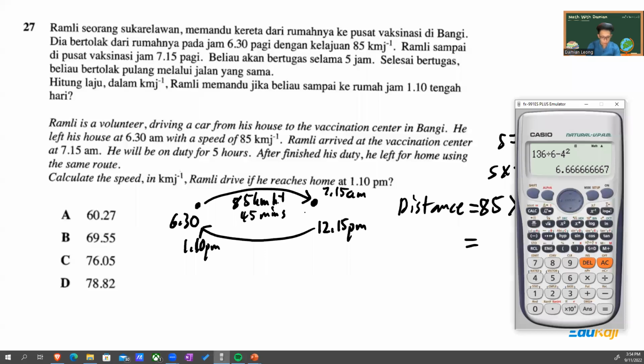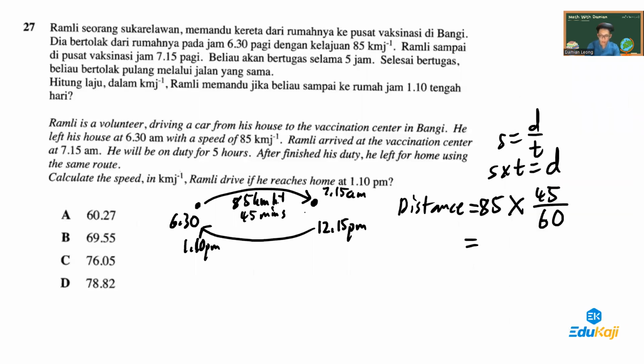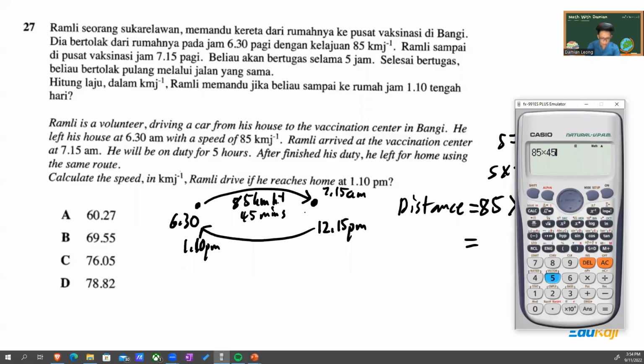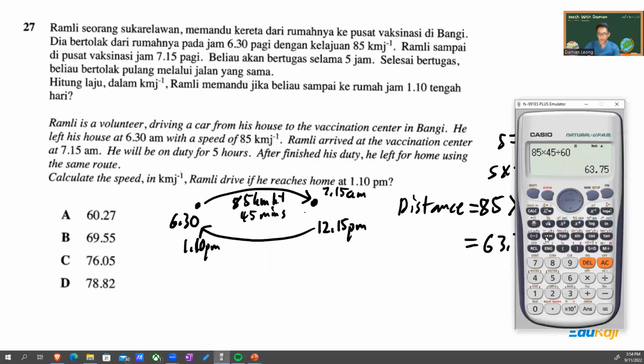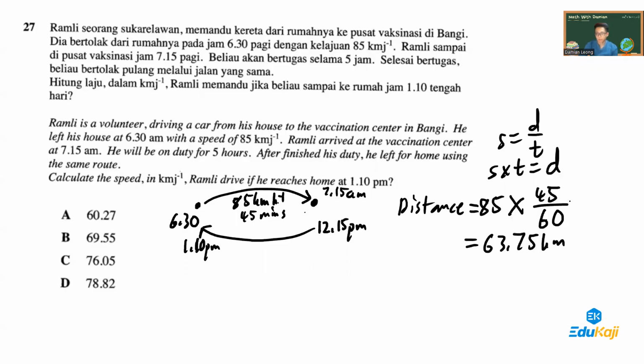So 85 times 45 over 60 is 63.75 km. Coming back should also be the same distance, 63.75. 12:15 to 1:10, that would be 55 minutes.